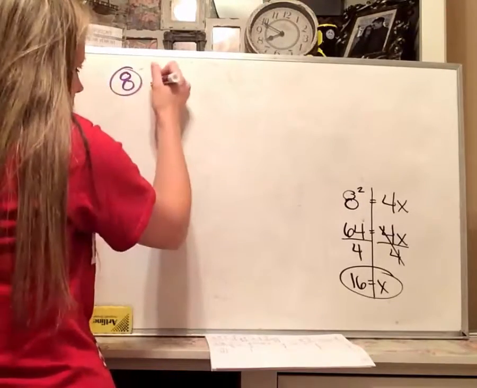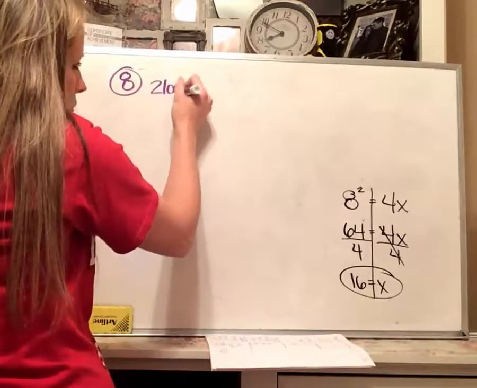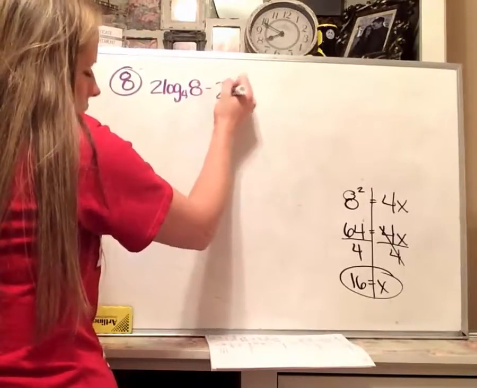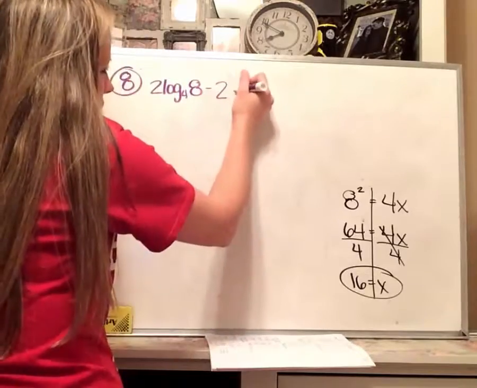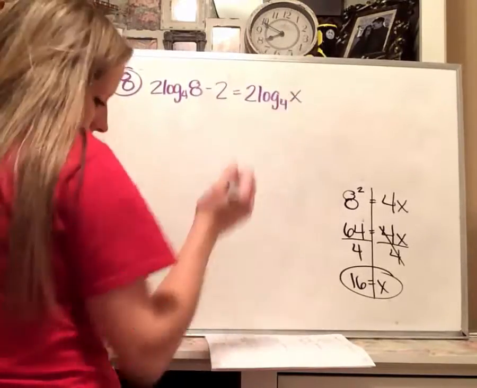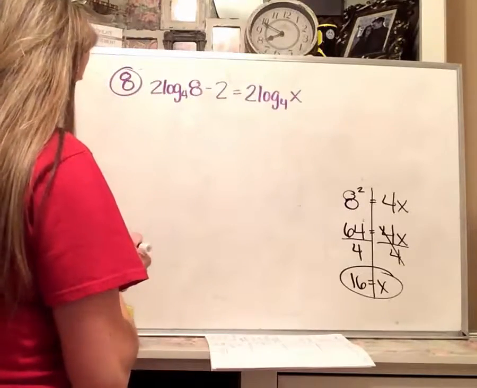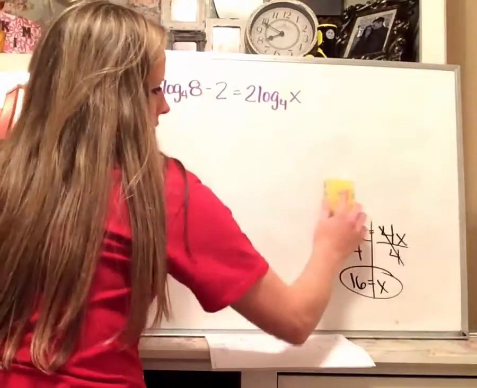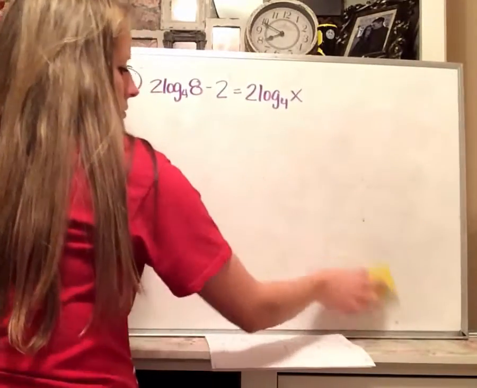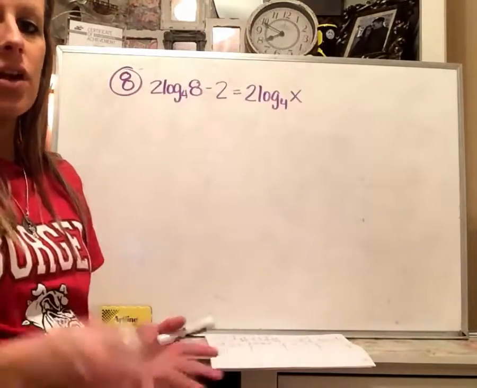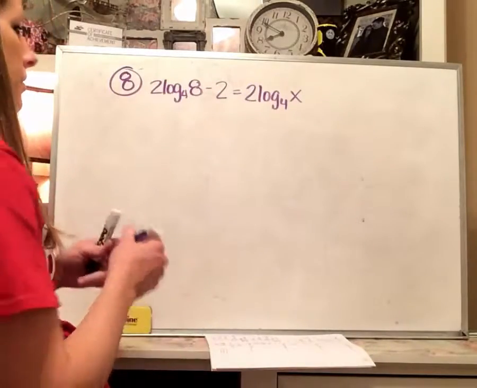On 8, I have 2 log base 4 of 8 minus 2 equals 2 log base 4 of x. Just like number 7, we need our logs to be on the same side.